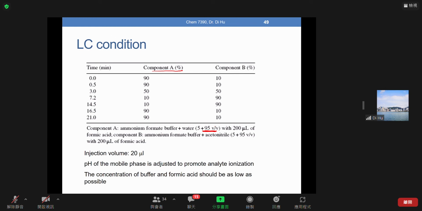And then B, this is the organic phase. This one is ammonium formate buffer plus acetonitrile, ACN 95%, and with 200 microliters of formic acid.